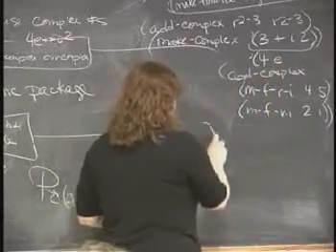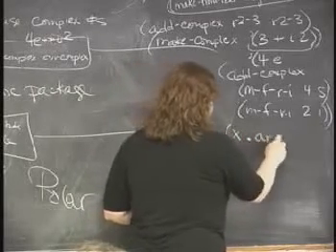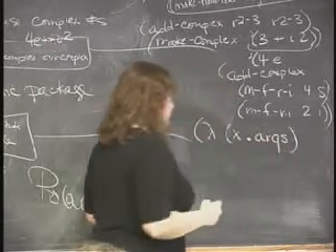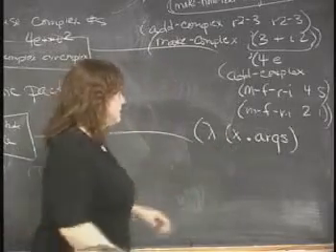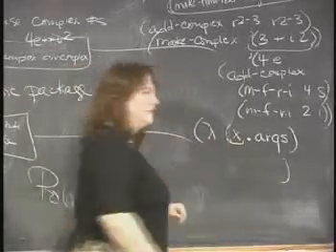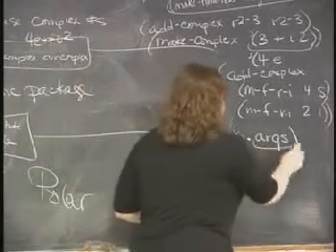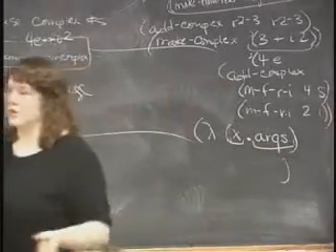So if you say lambda x dot args, what this says is I am a lambda and I am expecting at least 1 parameter. And then you can pass me 0 to as many remaining arguments as you want.